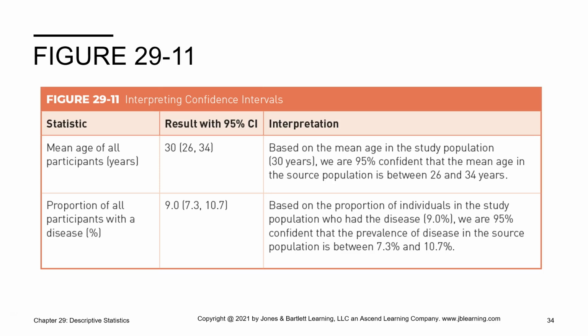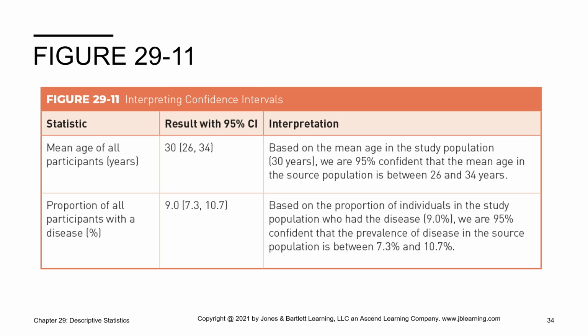And it is very similar to a p-value of less than 0.05. And so figure 29.11 goes over interpreting confidence intervals. So let's say we have a mean age of participants in years of 30, then the confidence interval is 26 to 34. And so this mean age is in the study population that you're trying to use as representative of the source population.